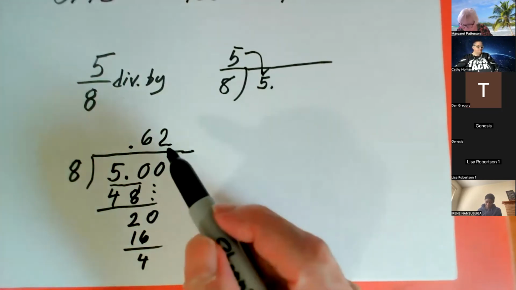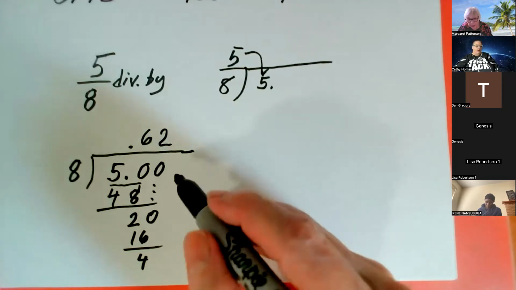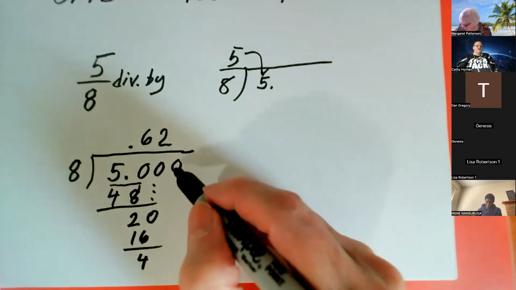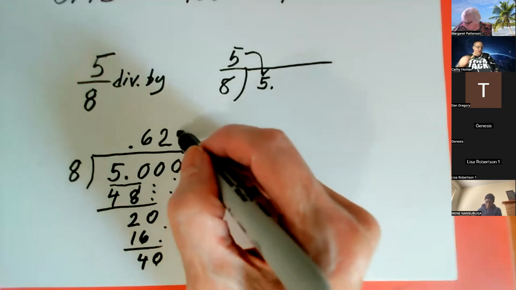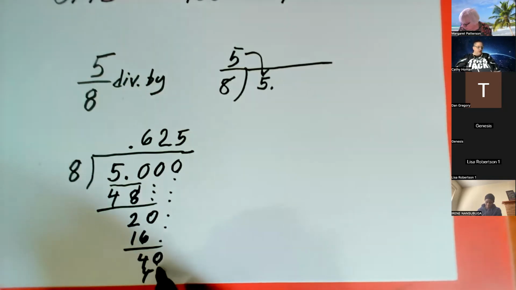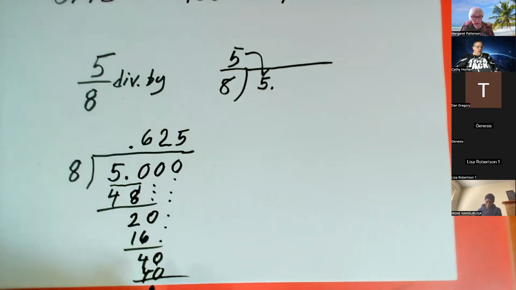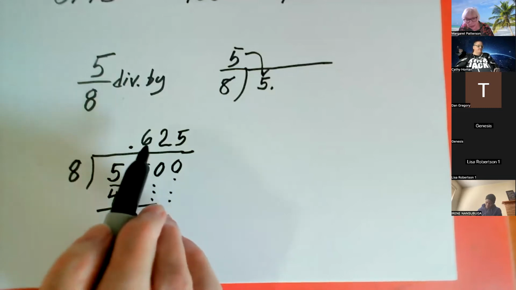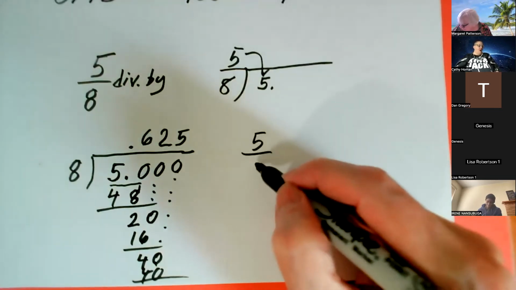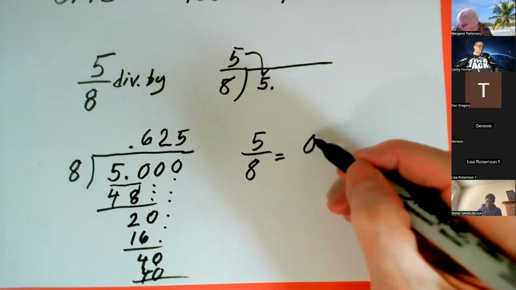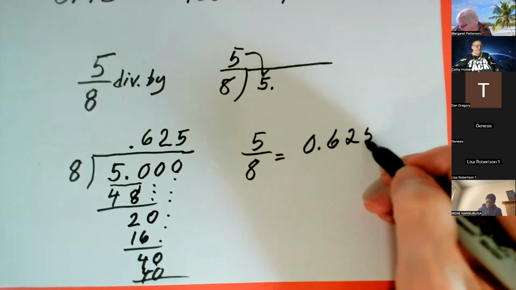I kind of knew I needed to go one more place, because if I went one more place, here's a 0. 8 into 40 is 5. Why did I want to do that? Because now I have a remainder 0, which is ideal. If there's no rounding instructions, that's saying to me, just go a little bit further and you should have it. So 5/8 is actually 0.625.